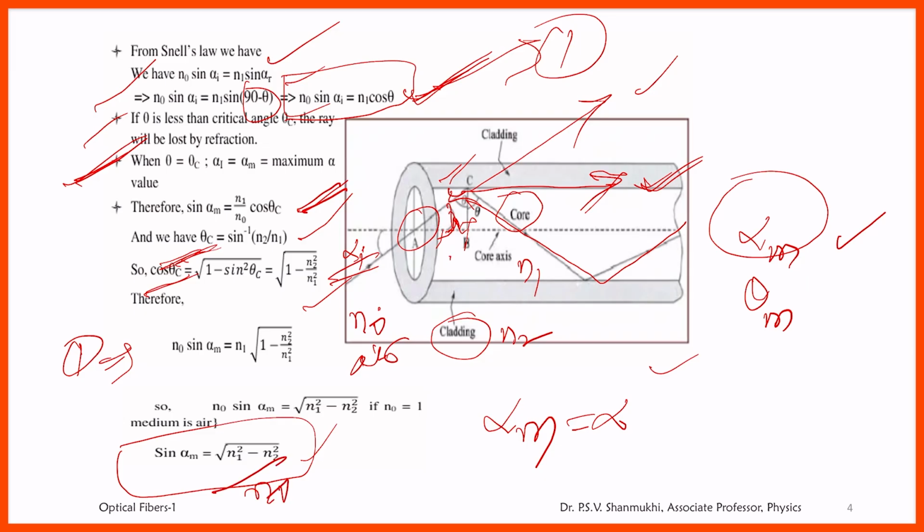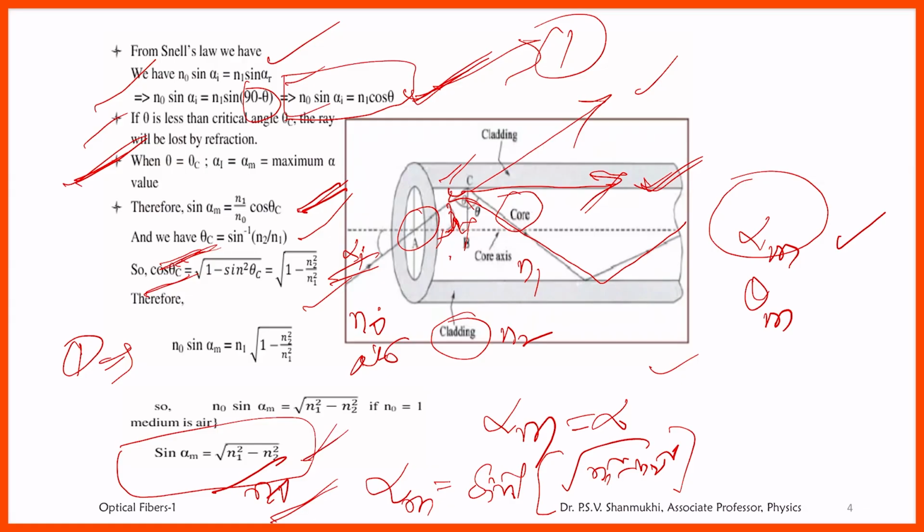In case of air medium, N0 is equal to 1, you can take. In any other medium, you have to take the N0 value. So this is the expression for the acceptance angle: alpha m is equal to sin inverse of root N1 square minus N2 square, with N0 equal to 1.